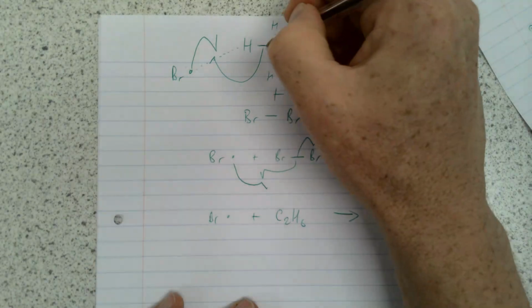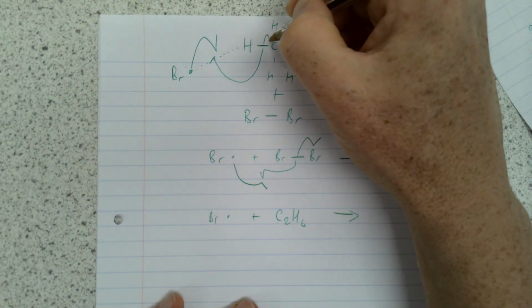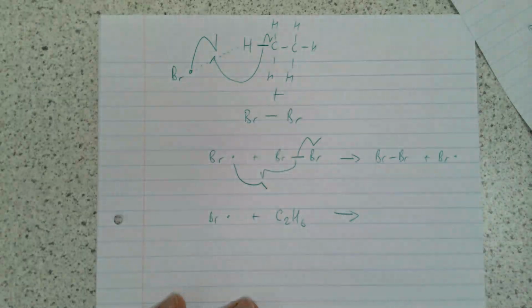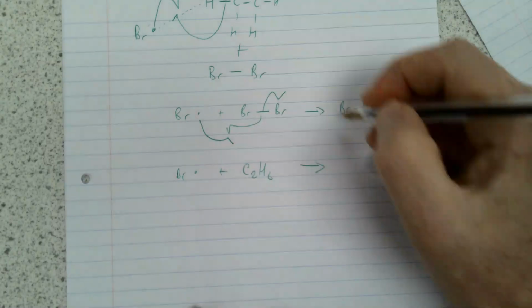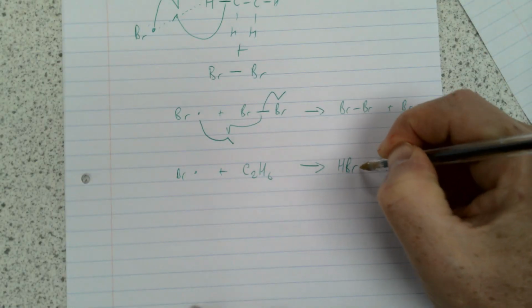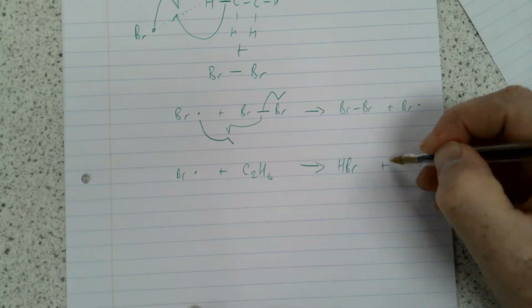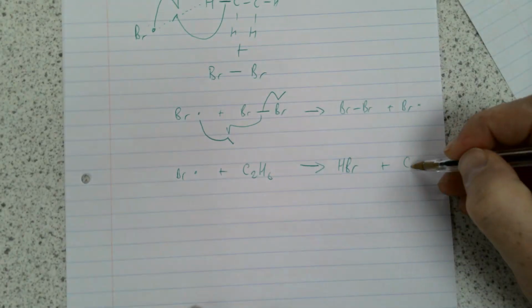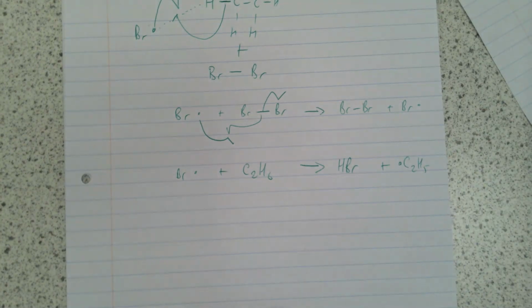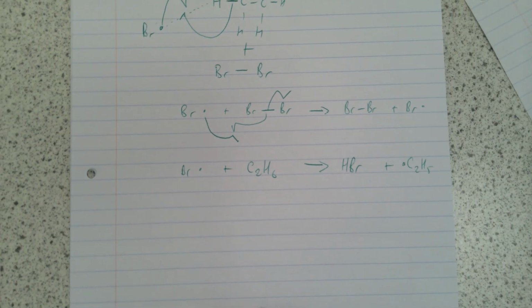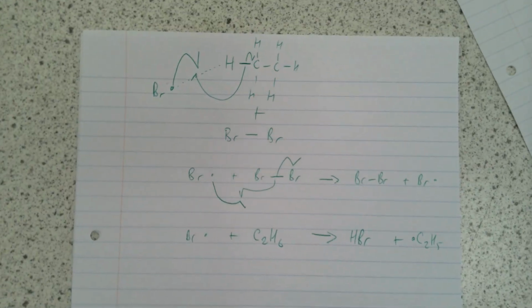The other electron that was in that bond is going to go and sit on the carbon. That's what's actually going on. If you work that through, you end up with HBr, which you know is one of the products, and you end up with this radical C2H5 dot. That's what's going on, just so you see at a slightly higher level, so maybe you understand a little bit better what's going on.